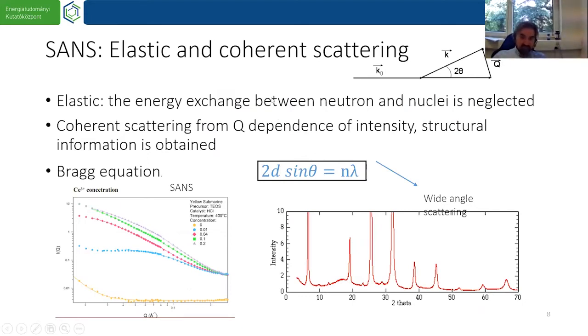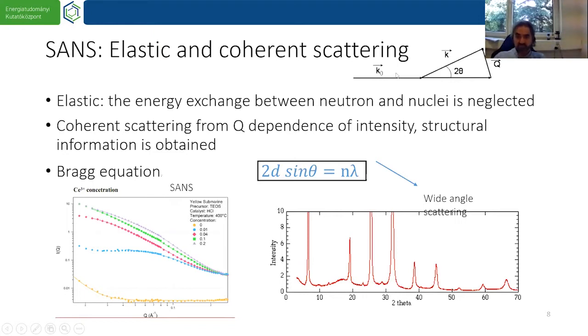So what is the basic? The basic is that in the theory that we have a neutron, which is a wave with a wave vector k0. Here is the sample, and the sample scatters at certain angle, and we have a k vector k.